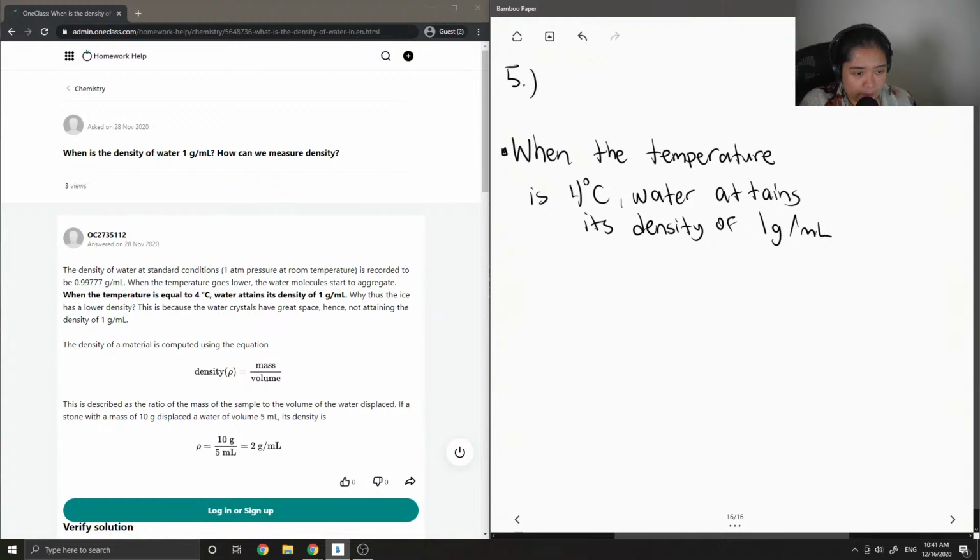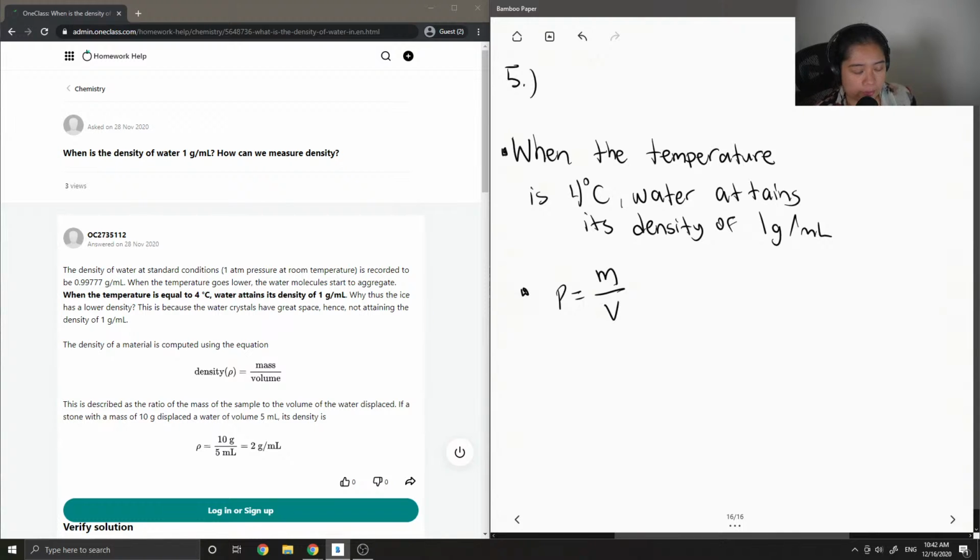So we can calculate density by using the equation where density is equal to mass over volume. So it's the ratio of the mass of the sample to the volume of the water that is displaced.